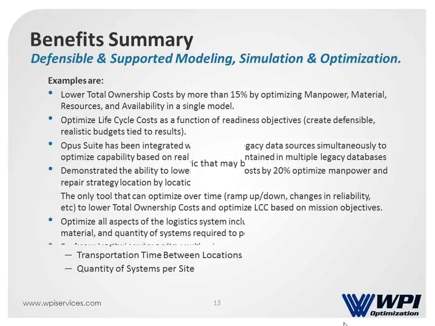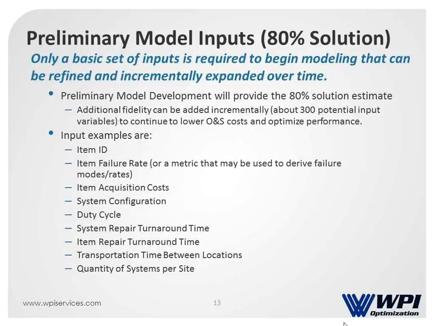And finally, I'm assuming I'll get a question here about the data requirements and how difficult it is to build these sort of very robust, very capable models. And really, preliminary model development using, I'll say, the bare bones data elements is going to provide the 80% solution. We have about 300 potential input variables that we can use.